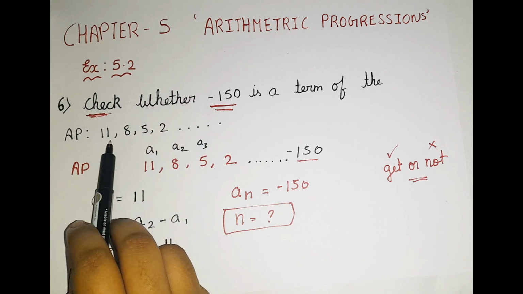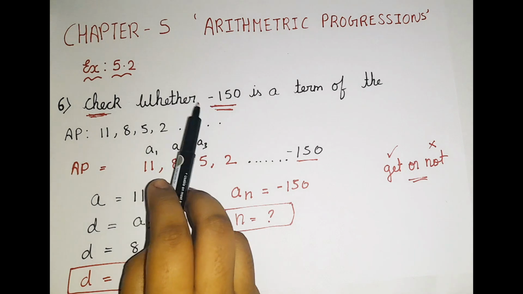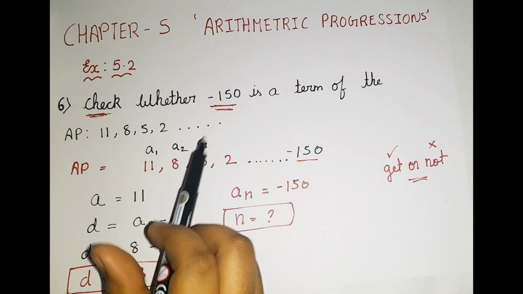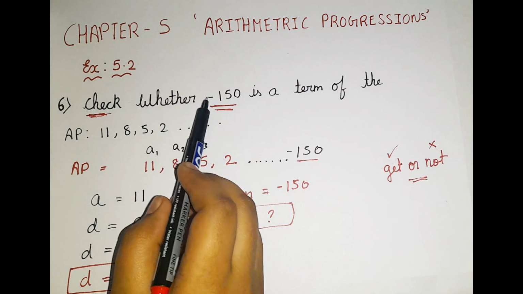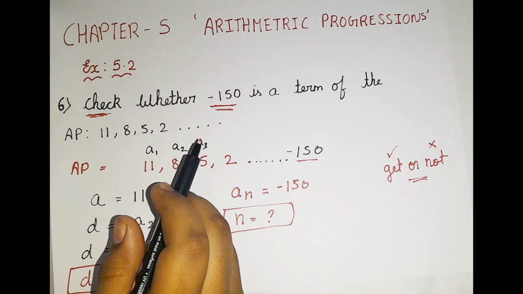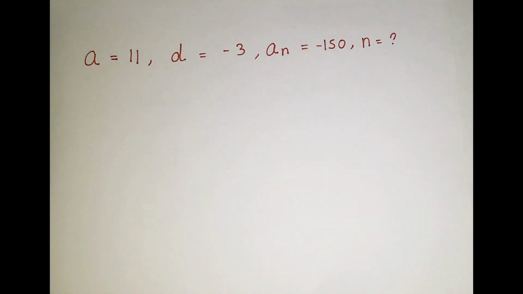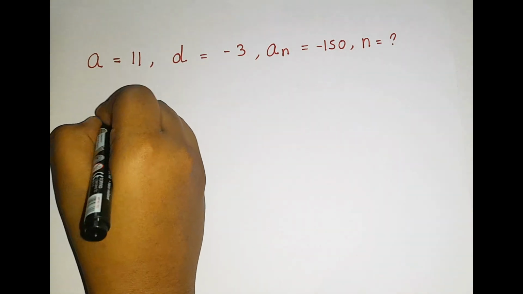We are supposed to check whether we will get this number, minus 150. Here we have 50-50 chances, because since we have minus, I am not sure. When we find the answer, we will get to know. For that let us apply the formula.